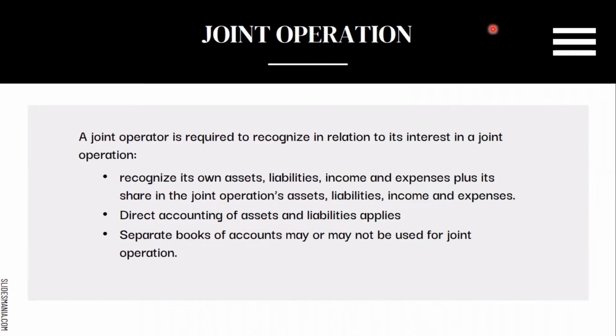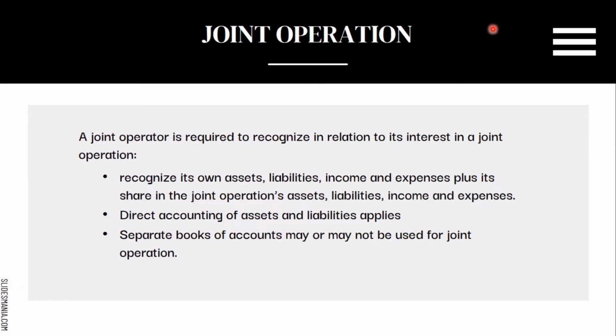So, joint operation is one of the types of joint arrangement. Joint operation means that the party has a joint control to the arrangement and the party has a right to the asset and an obligation to the liability. But guys, let's dig deeper about joint operation. So, the parties or the joint operator is required to recognize their interest in a joint operation.